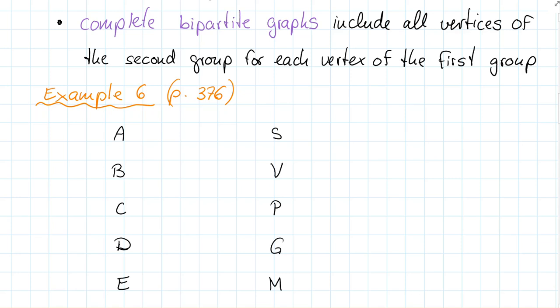Good. So Angie is visiting Senegal, so we're going from this group over to that group, and Beth has visited Vietnam and Peru, so we're going from Beth to Vietnam and to Peru.